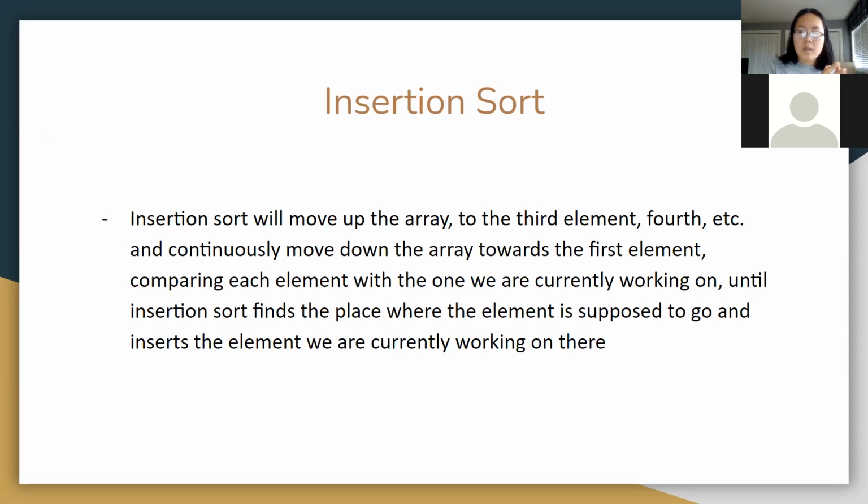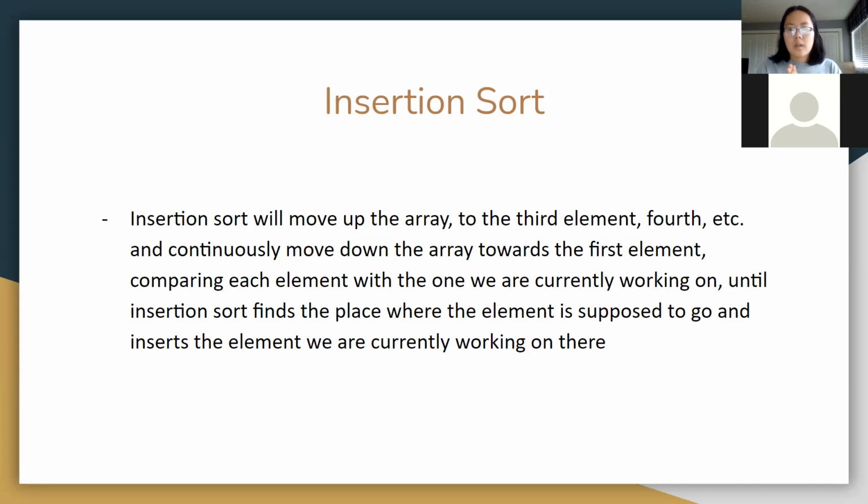If the third element is also out of place there, then it automatically puts the third element at the very beginning. I know that's kind of confusing, but I have a diagram, and code later. Essentially, it's just looking at the element we're currently working on and then comparing each one below that to see where it should go in the ordering.